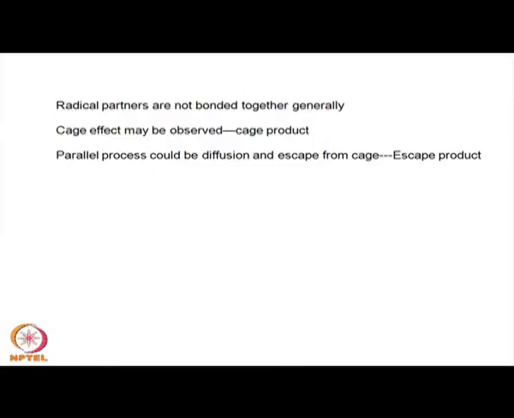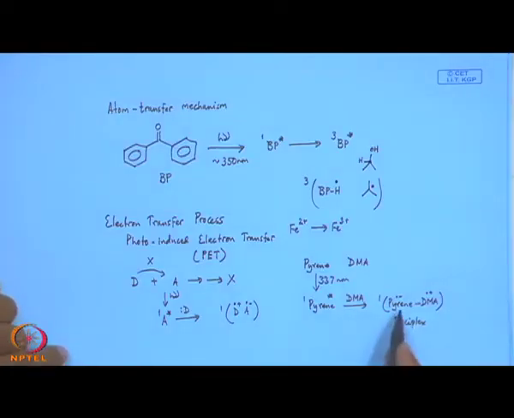Okay. Now, in general these radical partners are not bonded, but in principle you can prepare a pyrene DMA linked system, where you link the pyrene with a linker to this dimethyl amino group, NMe2.